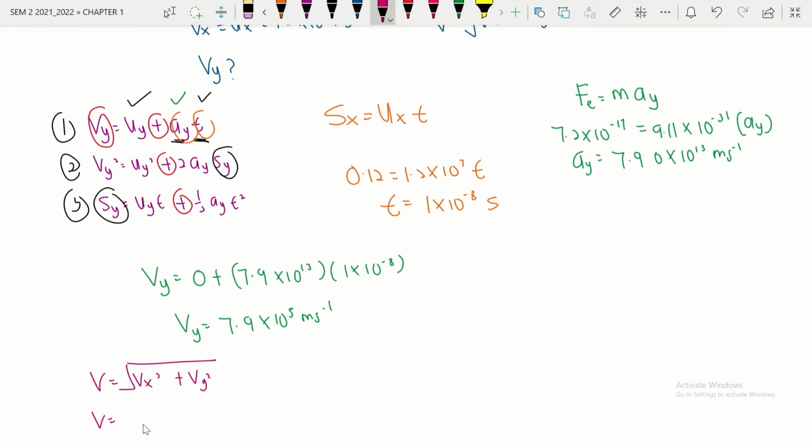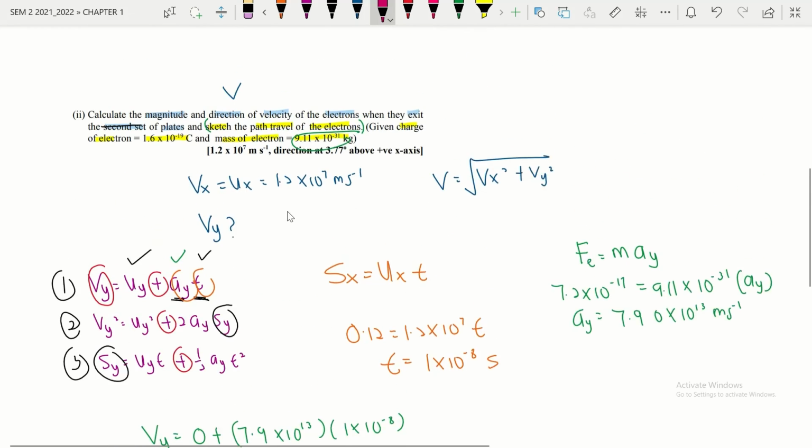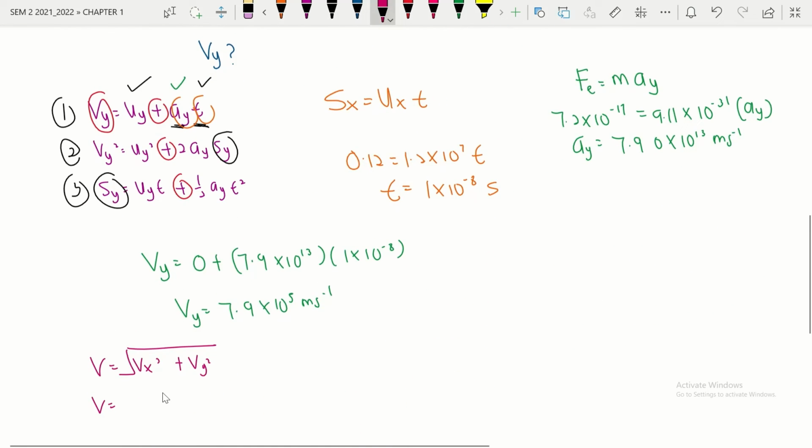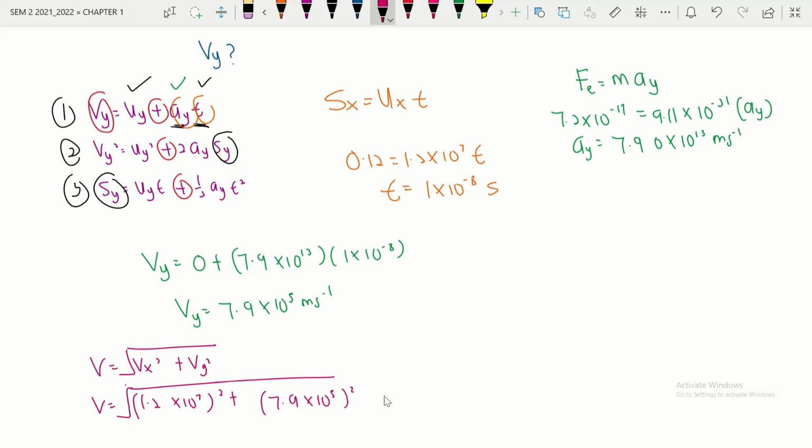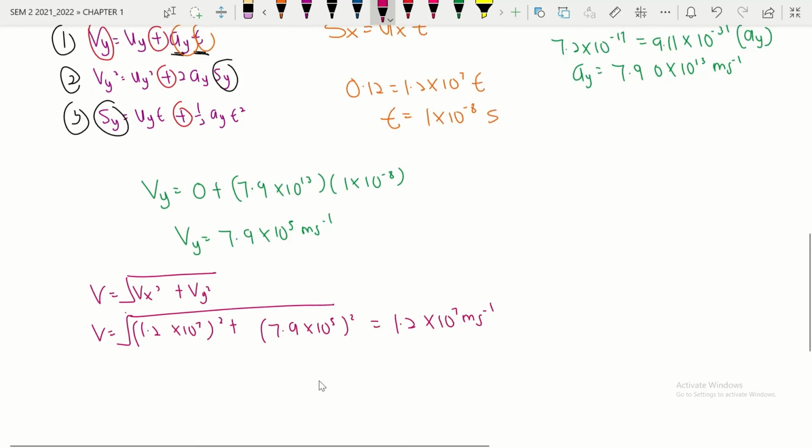So Miss punya Vx adalah Vx equals to Ux, which is 1.2 times 10 to power of 7 squared tambah dengan Vy. So Vy adalah 7.9 times 10 to power of 5 squared. And then square root kan dia. So when I square it and press the calculator, I will get 1.2 times 10 to the power of 7 meter per second. Okay, I'm not done yet because I need to find for the direction.